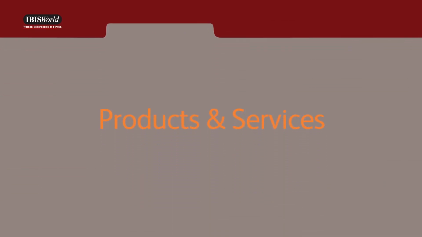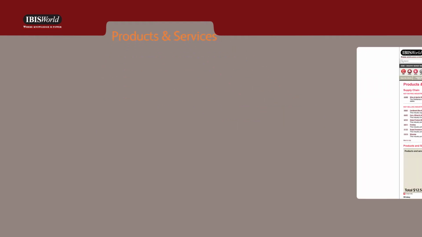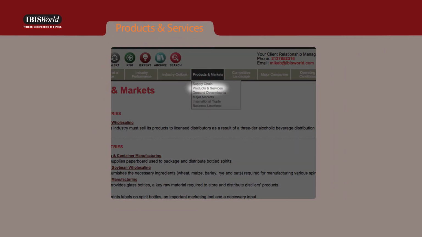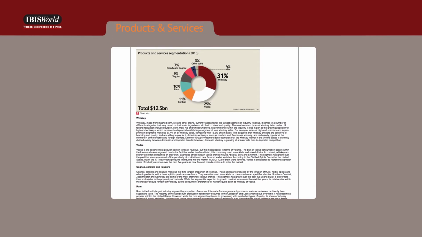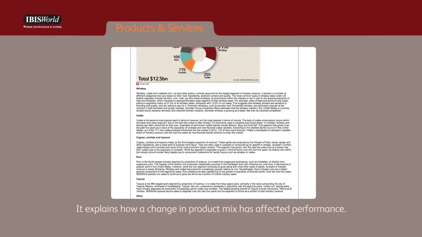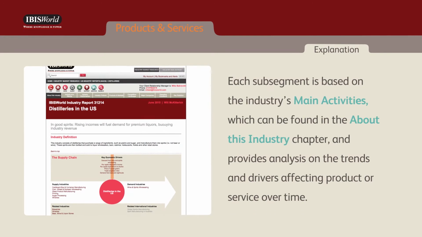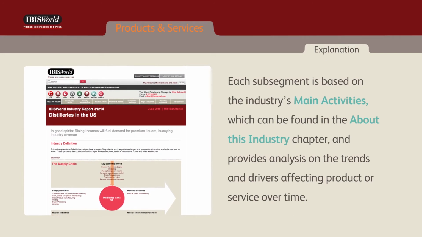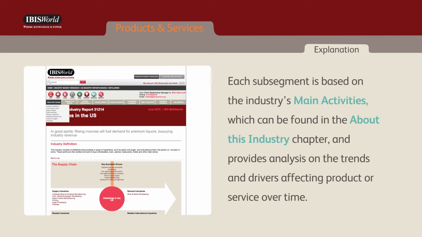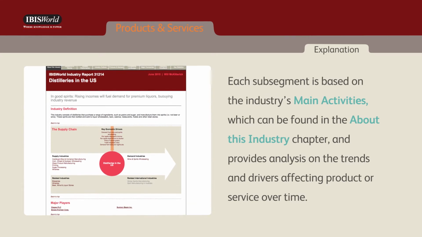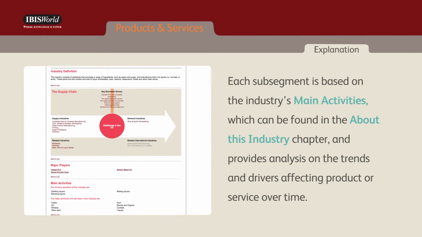Products and services. This section is a breakdown of the products and services that the industry provides based on current year revenue. It explains how a change in product mix has affected performance. Each subsegment is based on the industry's main activities, which can be found in the About This Industry chapter, and provides analysis of the trends and drivers affecting product or service over time.